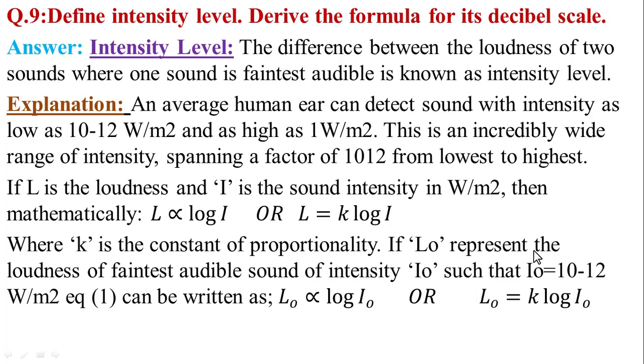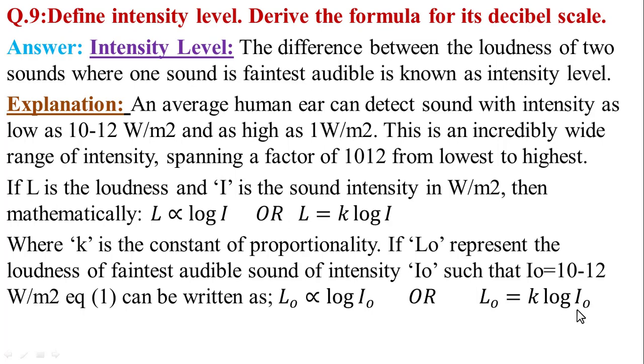If L naught represents the loudness of the reference sound and I naught is its intensity, then I naught is equal to 10 raised to the power minus 12 watt per meter squared. So L naught is directly proportional to log of I naught, and L naught is equal to K log of I naught.